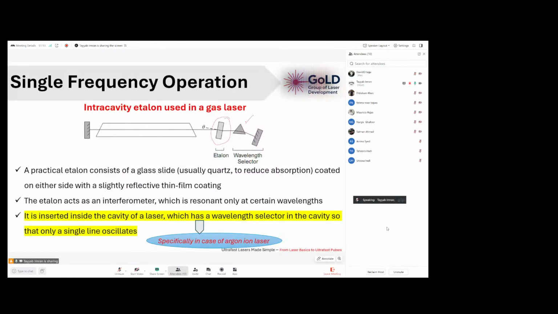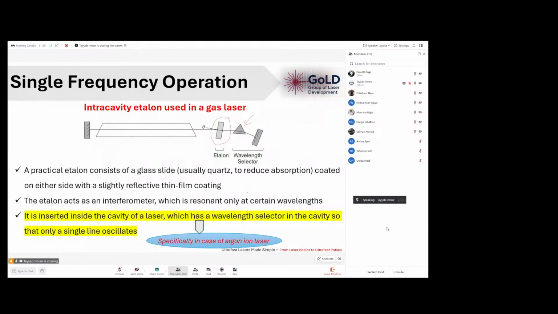Then we use a prism. Why is the prism used? To tune it. Okay, so the prism is used so we can rotate it. You know that the prism is a dispersive element. Okay, it disperses the light when passed through.